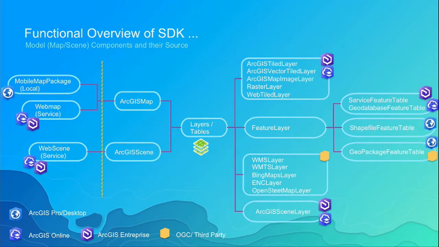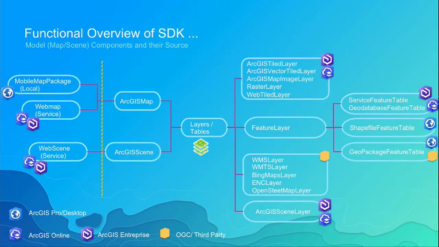The source for that is, you can have a map coming from a web service, a web map, or you can get the maps from a mobile map package, which is authored in a desktop environment using Pro, or you get a web scene for an ArcGIS scene. Again, it's a web service.